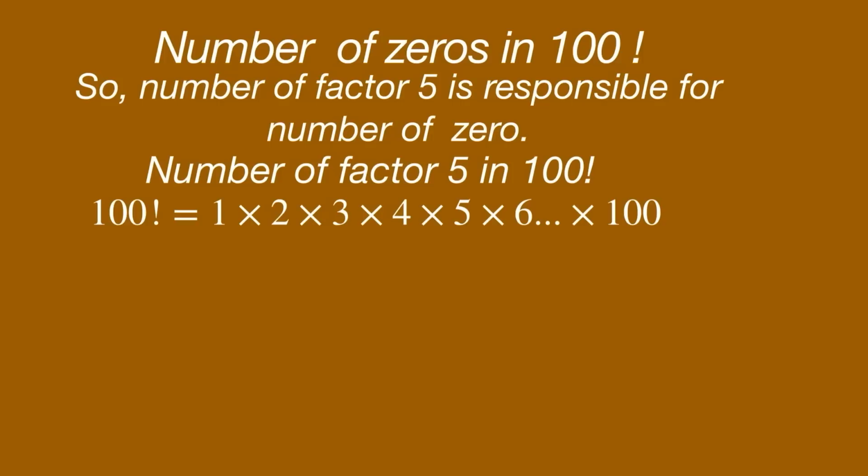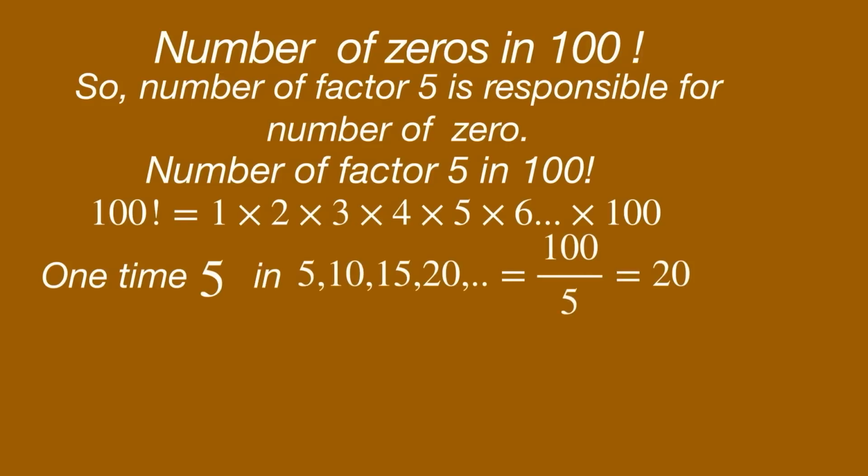Such type of numbers: 5, 10, 15, 20, 25. How many such numbers are there from 1 to 100? We have to find out this. Every such number has one 5, that is 5, 10, 15, 20, 25, 30, 35 and so on, up to 100.